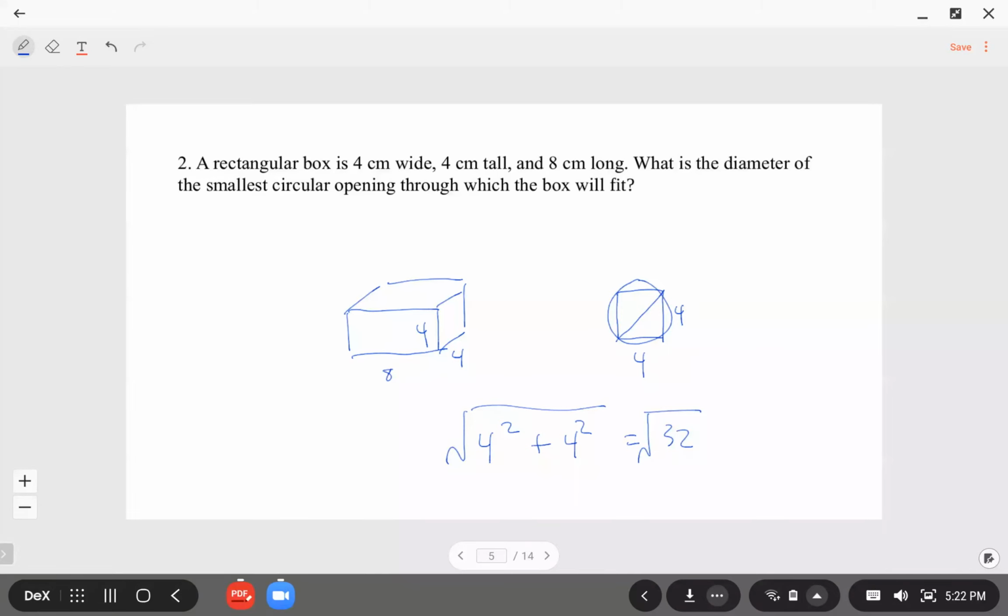The square root of 32, right? And what is that going to be equal to? That's going to be equal to 4 times the square root of 2. So that is our answer.